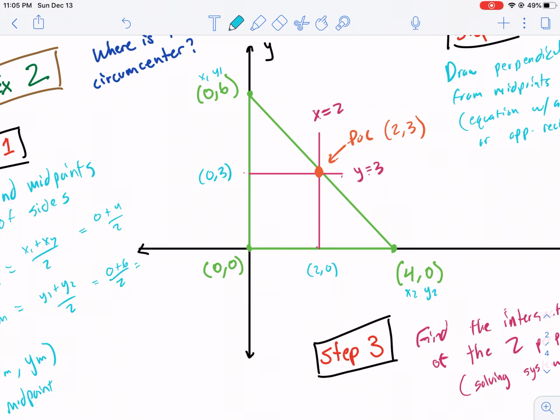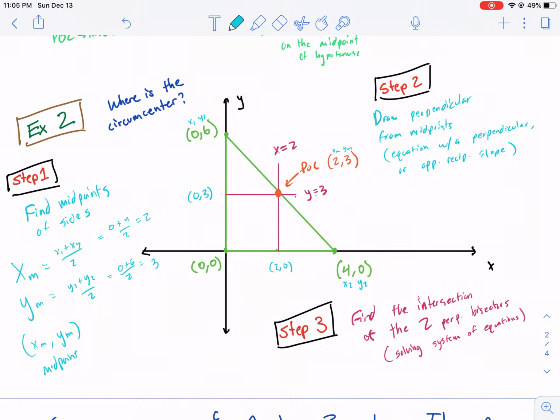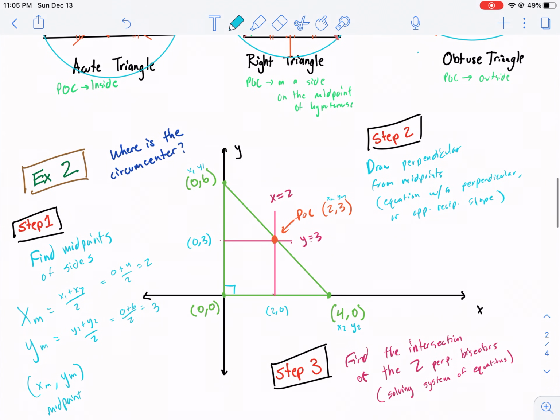I know I didn't put that in the right order, but you understand me. So we get 2 for our x and 3 for our y, and that's why we get xm, ym equals 2, 3. So that's 2 different ways to find the circumcenter of a right triangle: find the midpoint of the hypotenuse, or find the intersection of those 2 lines, and that is how you do it. I know this is a lot all at once.